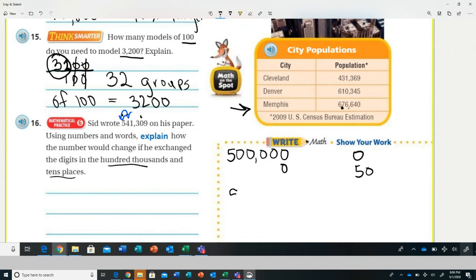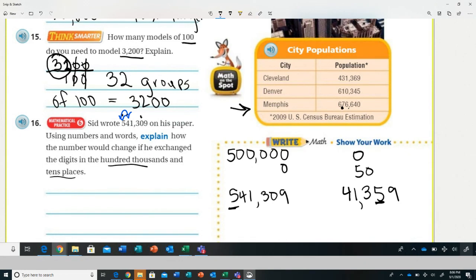So instead of having 541,309, I would have 41,359, where I changed the 5 here for the 5 there. Makes a big difference in that number.